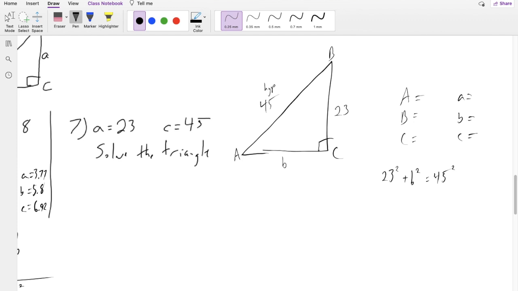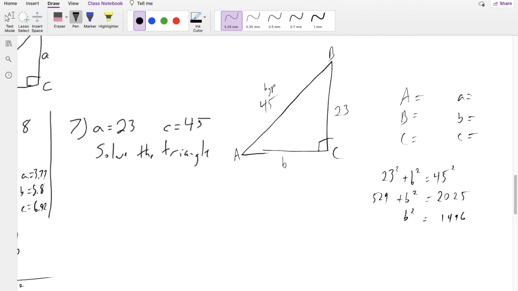So 23 squared is 529, plus that b squared equals 45 squared, which is 2025. So I can subtract that 529 over. So b squared equals 1496.